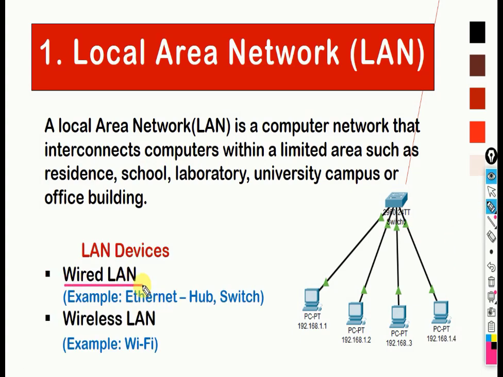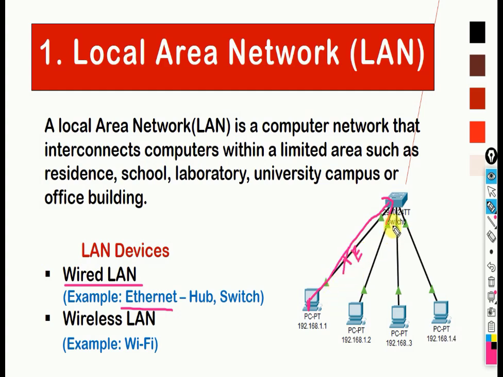One is a wired LAN. In wired LAN, we have cables. So the example technology for a wired LAN is Ethernet. Ethernet is used to connect two or more nodes. In this case, this computer is connected to the switch with the help of an Ethernet cable. To be precise, this is an Ethernet straight through cable because Ethernet straight through cable connects devices of different kinds.